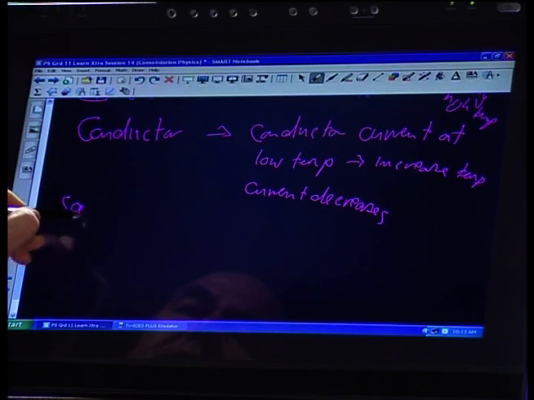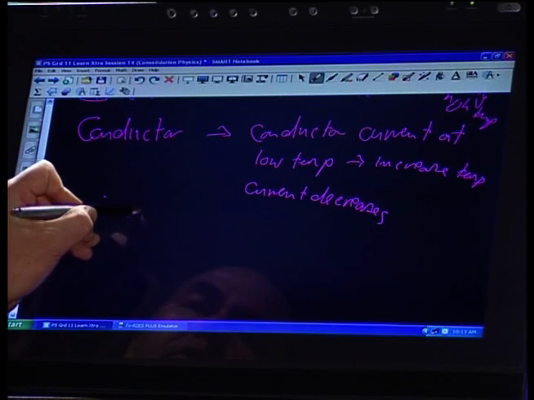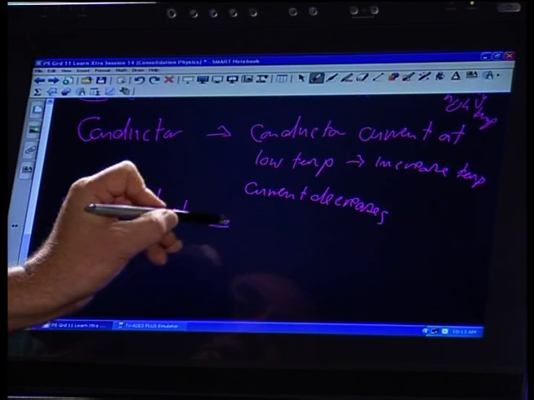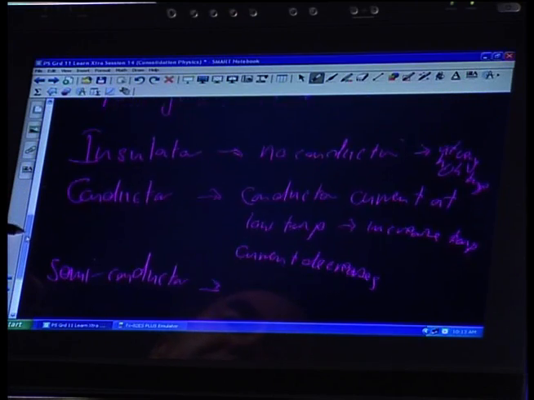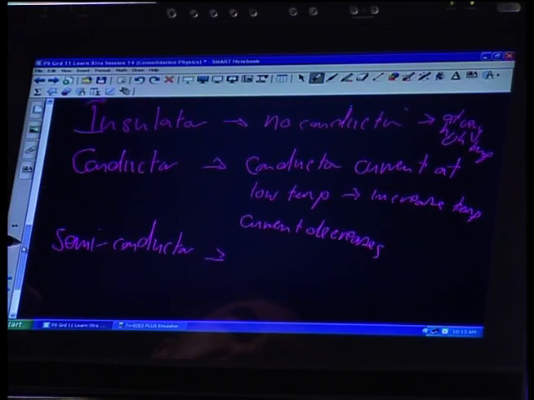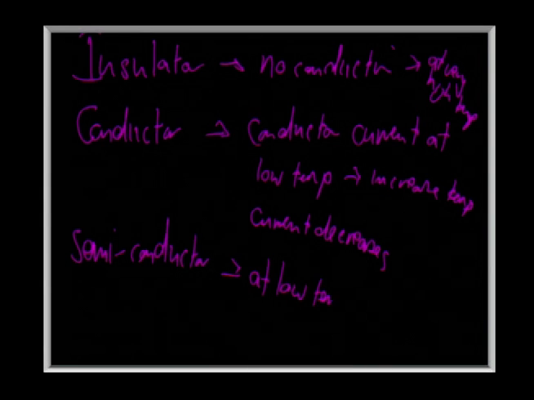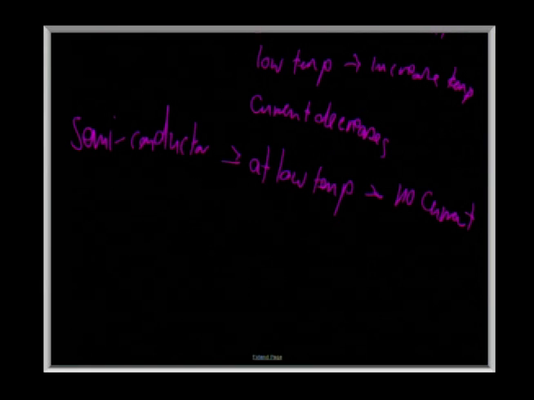So what are these things called? Semiconductors. Well, they tend to behave like insulators at low temperature. So at low temperature, they don't conduct. No conduction, no current. This is classical semiconductors.